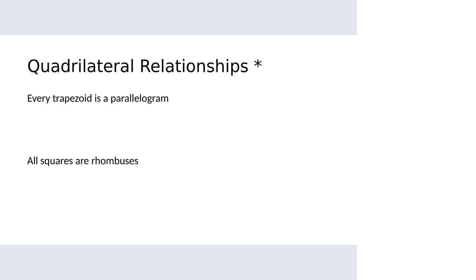Fantastic. Here goes. I'm going to set up a poll for this. Each question is true or false. You want true or false for the one on top, and true or false for the one on bottom. Every trapezoid is a parallelogram. All squares are rhombuses. If you're wondering how you're going to answer two questions at once, you'll see when I post the poll.